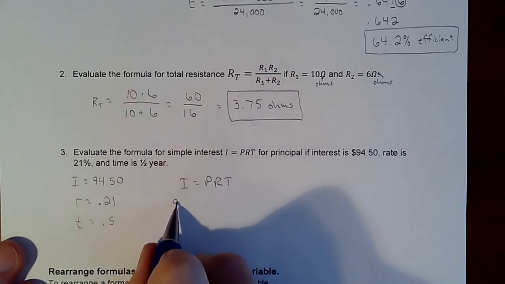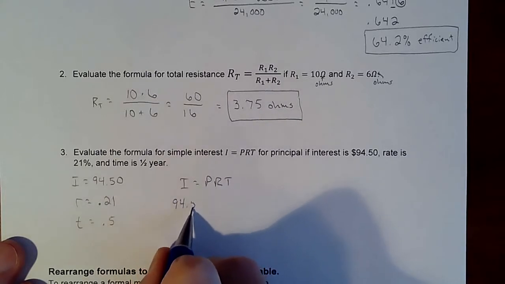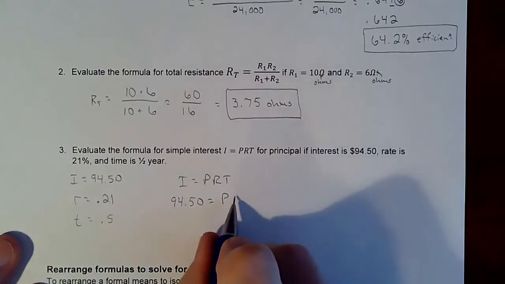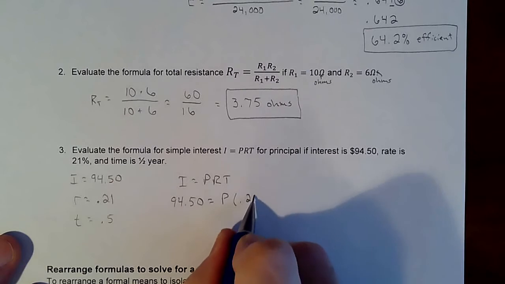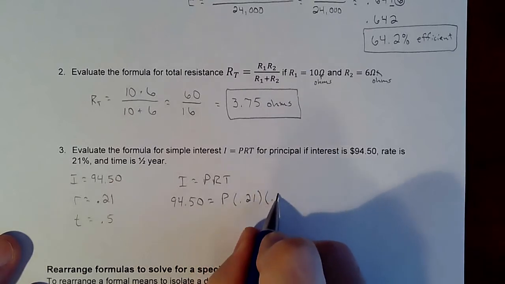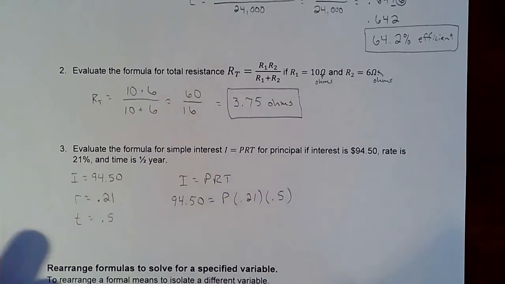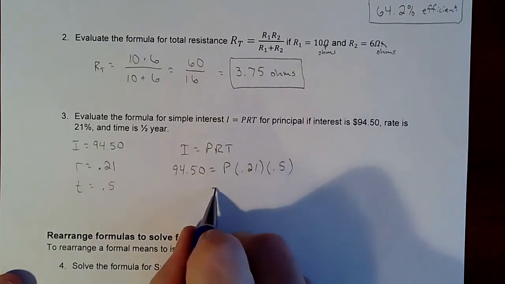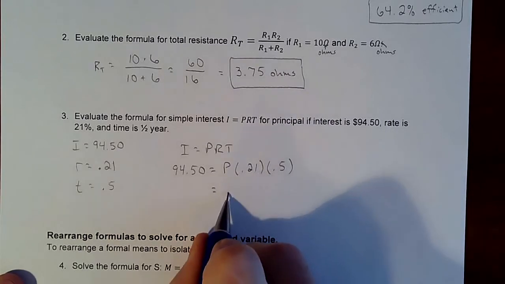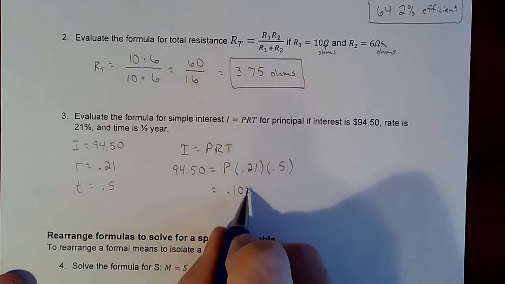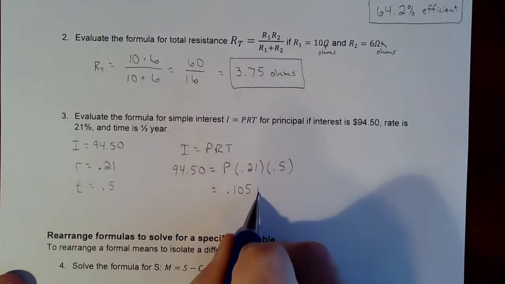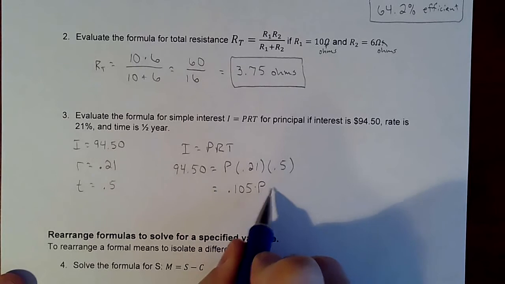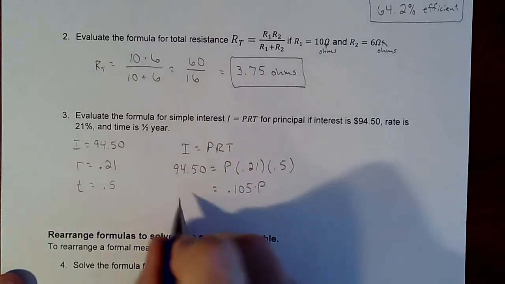Our interest, we know we earned $94.50. We didn't know what our initial amount is, but we knew our rate was 21% and we knew our time was 0.5. Okay, so we're going to try to solve this equation. If you multiply these two together, that is going to be 0.105, and then we'll put P at the end. You could put it after the P, but it has a better feel in the front.